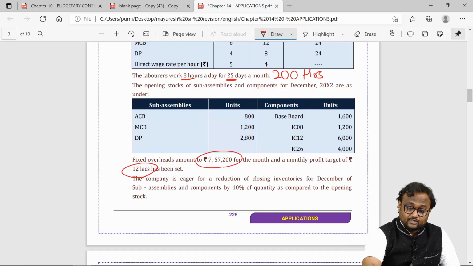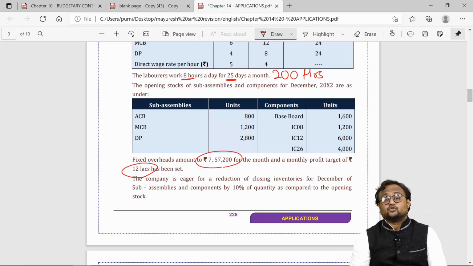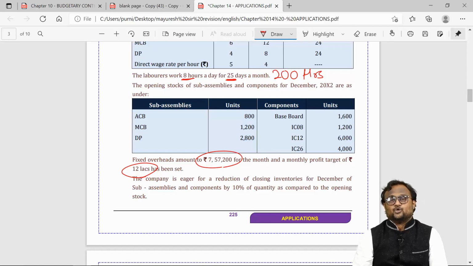So 7,57,200 is a fixed cost which is also to be recovered first. You first recover 7,57,200 and then you recover 12 lakhs from the customer. That means basically your contribution should be 19,57,200. So we have the required contribution available in the question.